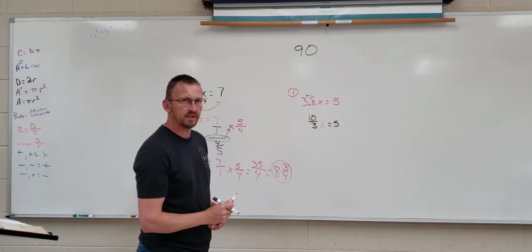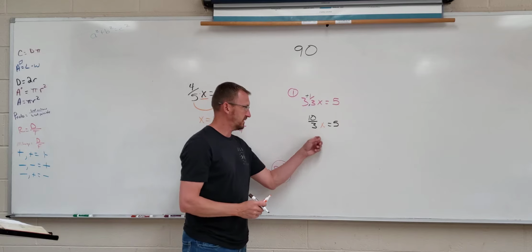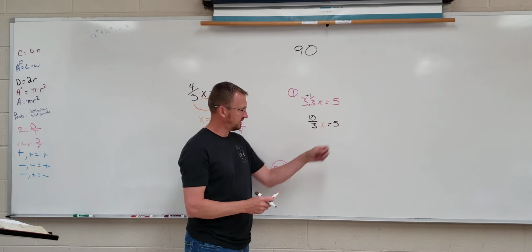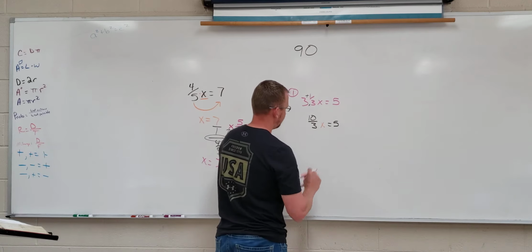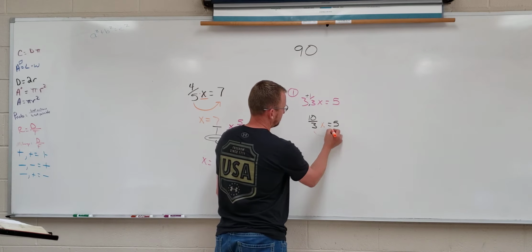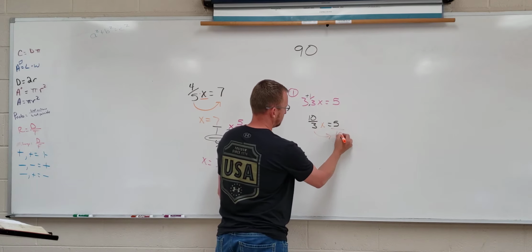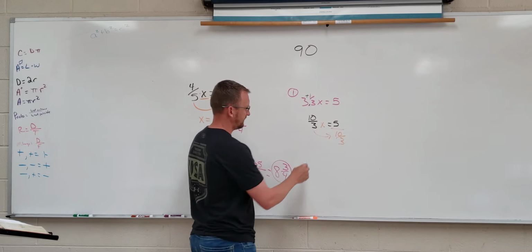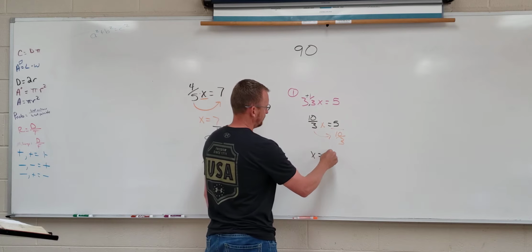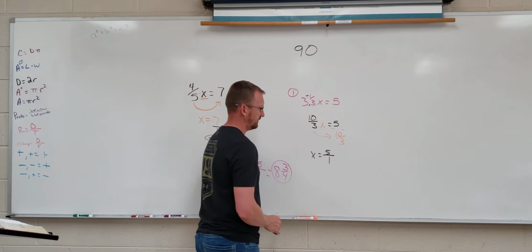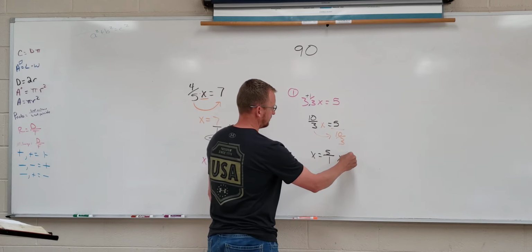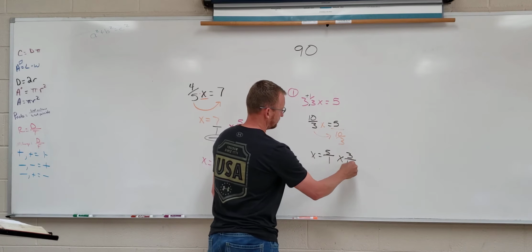We're solving for x, so we're going to take our 10/3 over. Since we're multiplying on this side, I'm going to take it over here and divide. Again, don't forget, when we're dividing by a fraction, we invert and multiply. So 5/1 times, flip that, 3/10.